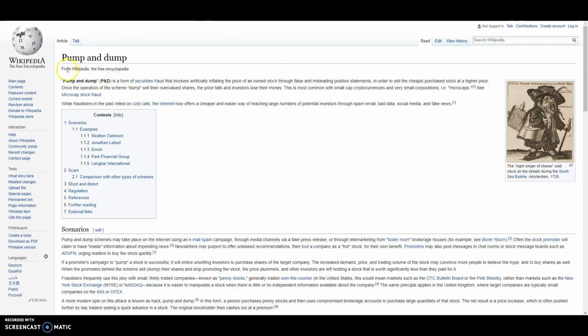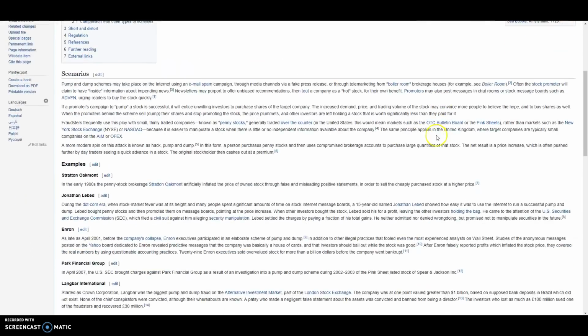It's also interesting to see that on the actual Wikipedia pump and dump page, cryptocurrencies are listed first as the first example. It says this is most common with small cap cryptocurrencies and very small corporations, i.e. microcaps. Sort of like penny stocks, which is where this got started, right?